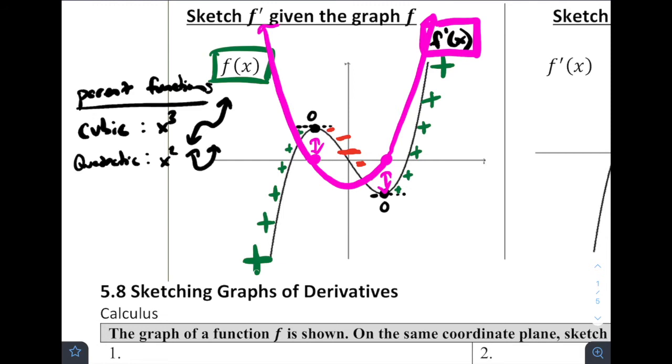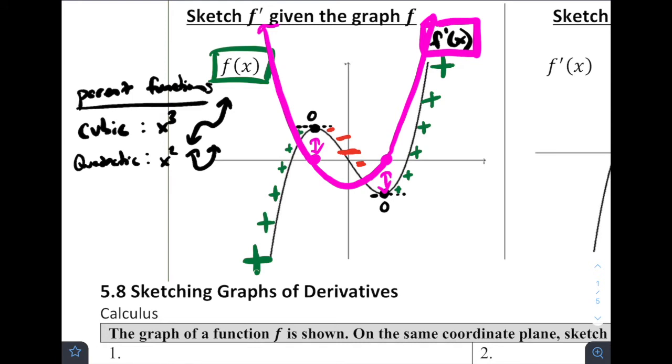So if we think about parent functions and the way that they interact, we would expect that if we had some sort of cubic function, the derivative would look more like a parabola. And we can see that that's the case when the original function was here as a cubic. Our derivative function ends up looking like a parabola through those 2 points.